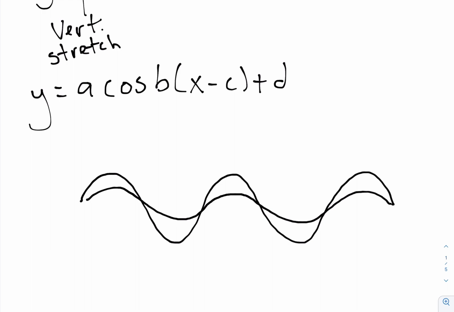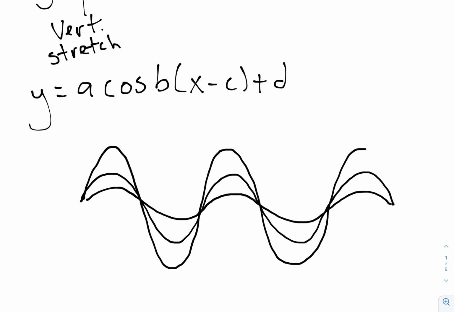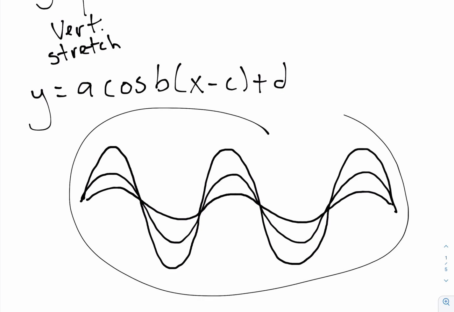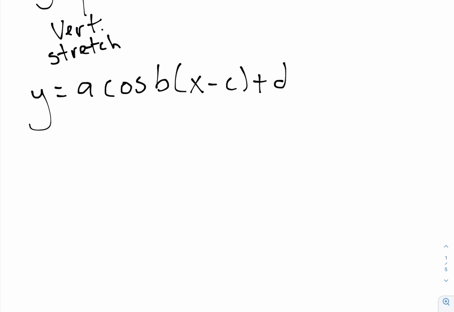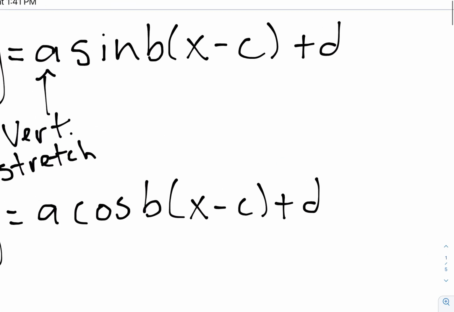If a was more than 1, that means that it would be higher, expanded, as I mentioned in the last video. So the phase isn't changing, except the height at each point is. It gives you this beautiful shape when you change the a values, but the phase is the same. So the a value is the vertical stretch.